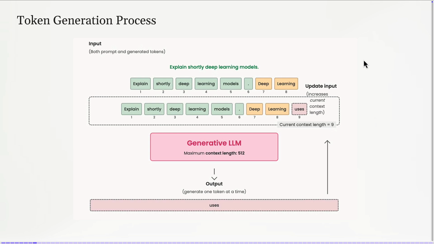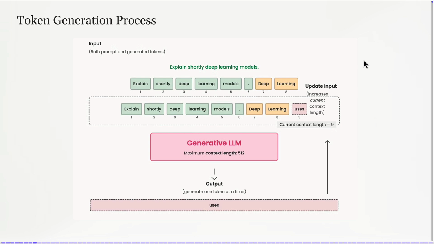The model was trained in such a way that it can understand this context, and then it tries to infer the next token. At each iteration, it takes the current context and appends the next token to it. Now the new context becomes this one. Then it takes this whole context and predicts the next token, "deep learning." And this is what happens.